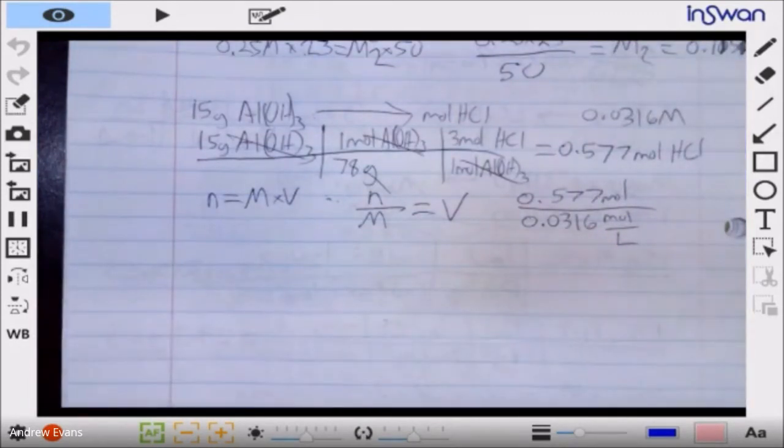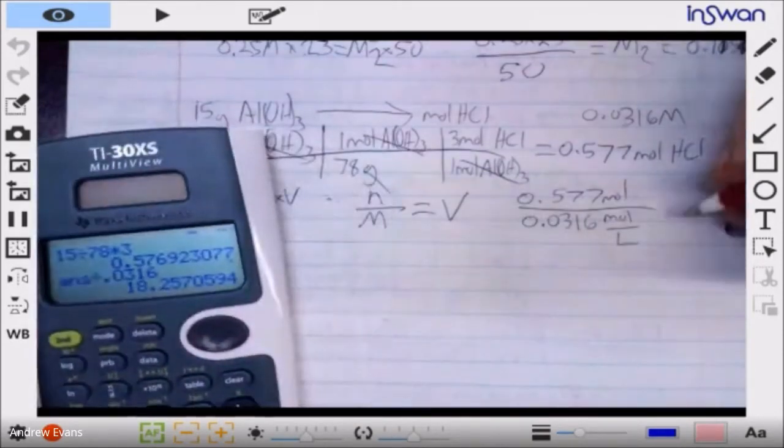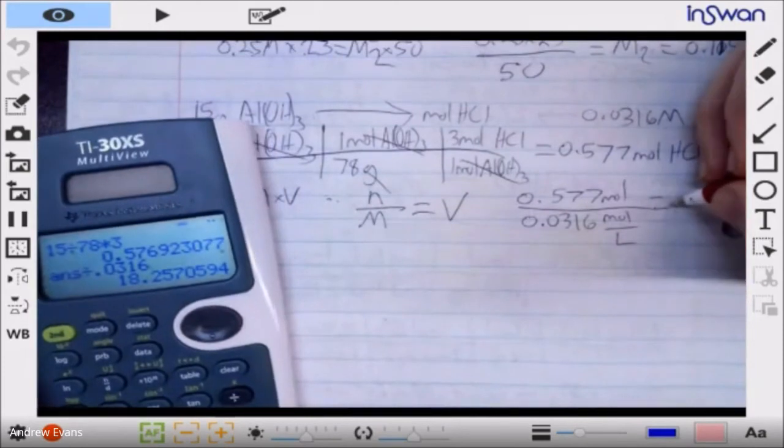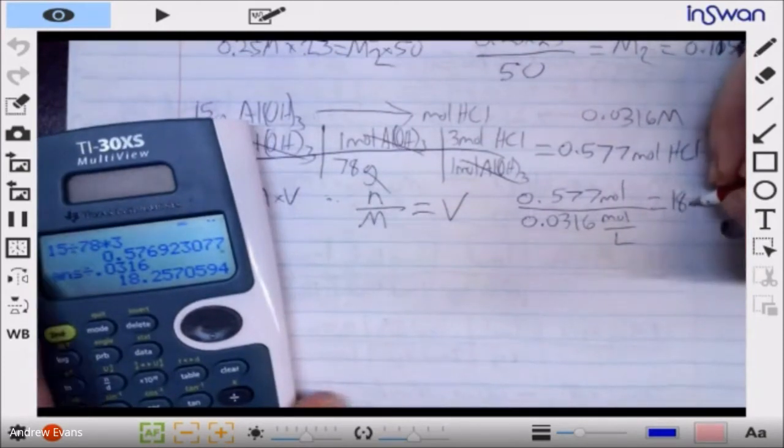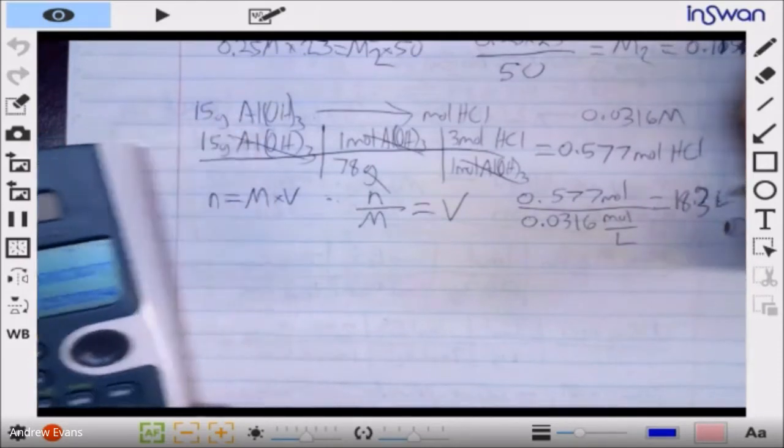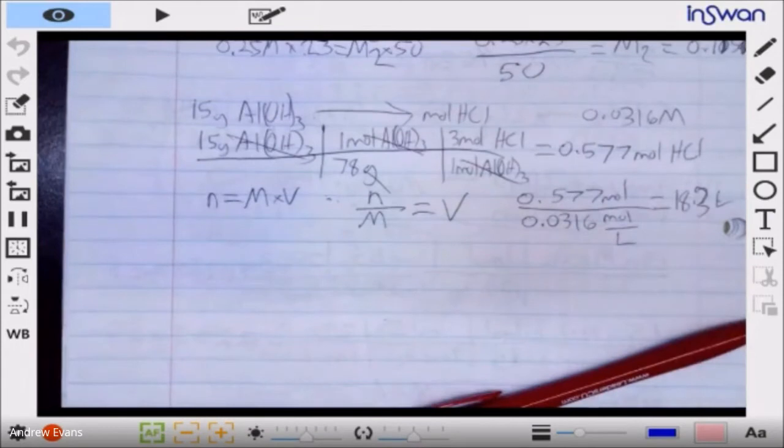If I do that, I will get our volume in liters. So if I put in 15 grams, it would react with 18.3 liters. 18.25, 18.3, a large amount.